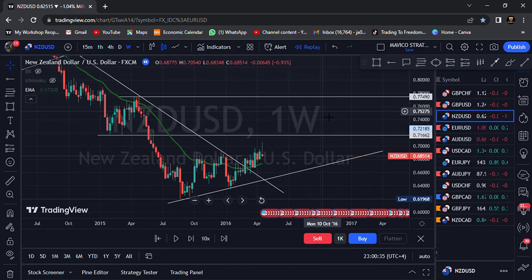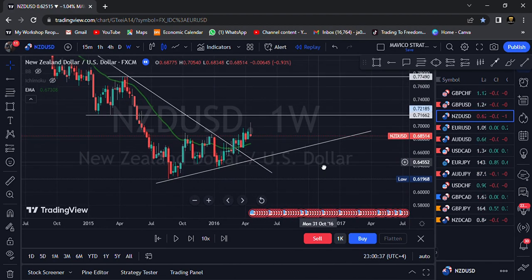What we know now is the market will hit here. Whatever it does here will determine if it will continue to hit here or come back and test this trend line.